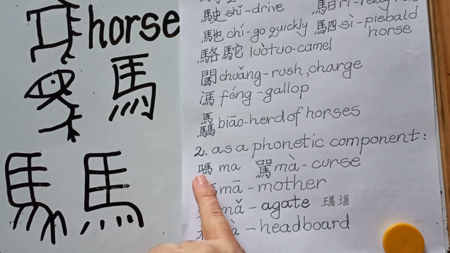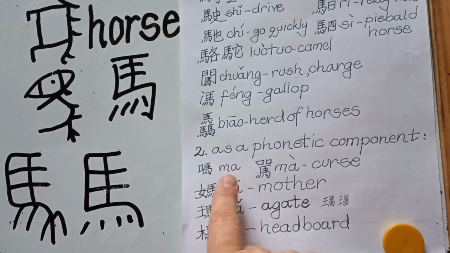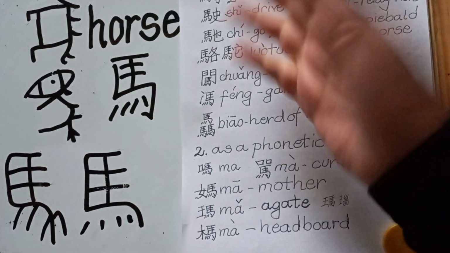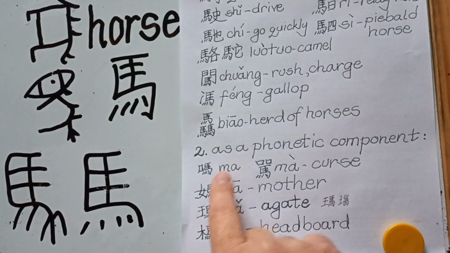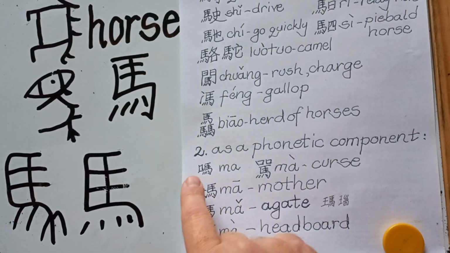Then, here in the case of Ma as a question marker, we combine the basic character Ma with a radical kou, as in mouth.